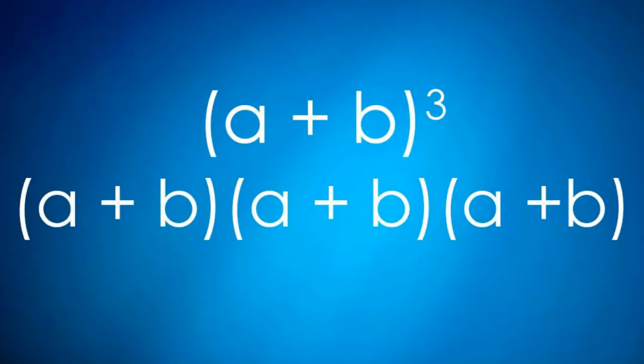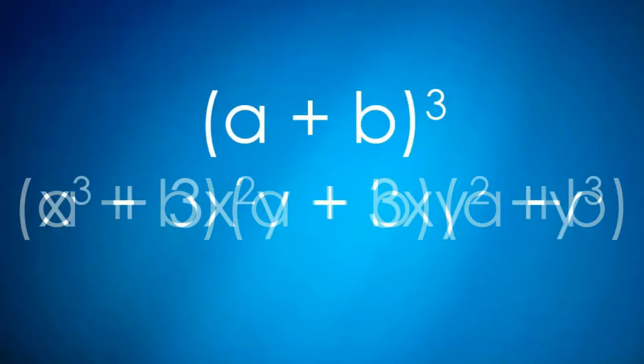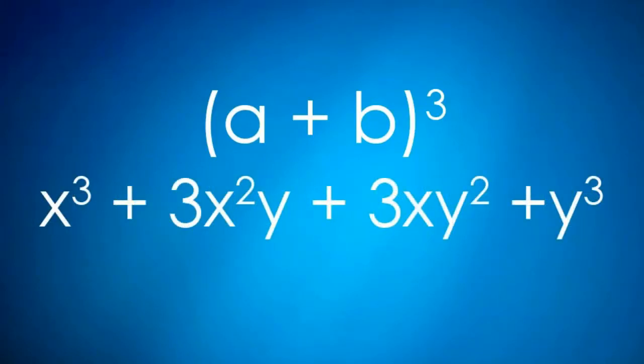Consider we have quantity a plus b cubed. That is equal to quantity a plus b times quantity a plus b times quantity a plus b. We will use the formula x cubed plus 3x squared y plus 3xy squared plus y cubed and substitute the terms to the variables. We will substitute a from quantity a plus b cubed to x and b to y.